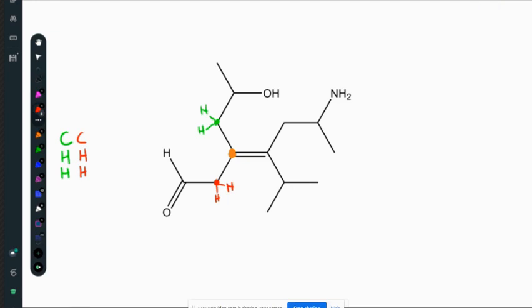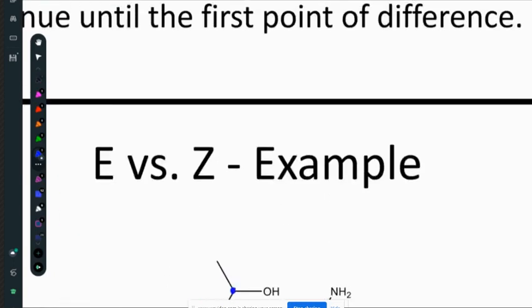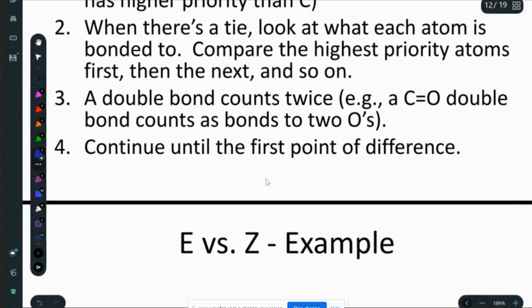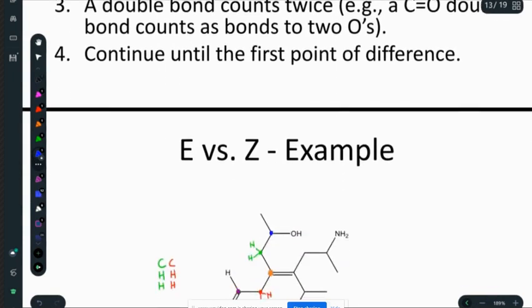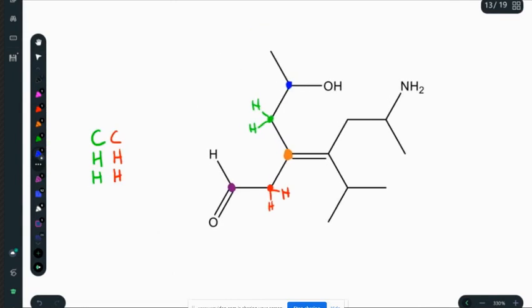So it's still a tie. All right. What does that mean? I need to keep going. When I keep going, now I'm going to be comparing this carbon here to this carbon here. All right. So for my purple carbon, the other things it's bonded to are, well, it's got a double bond to oxygen. My rules tell me that a double bond counts as 2 separate bonds. So bonds to 2 oxygens.